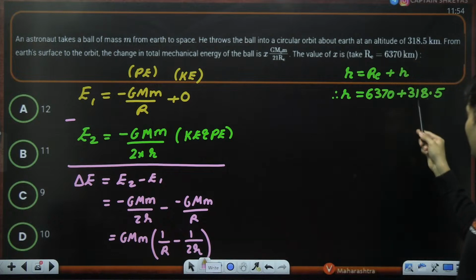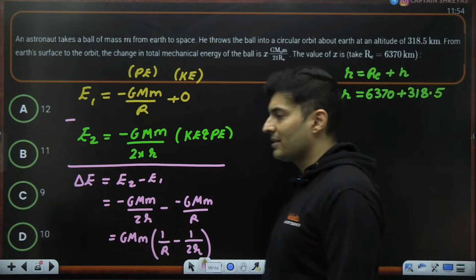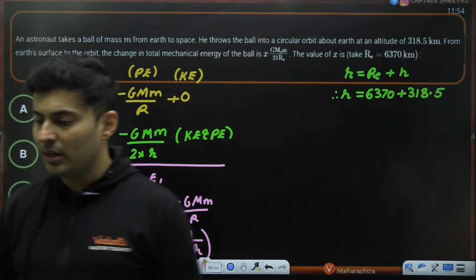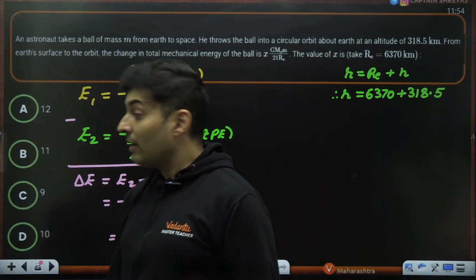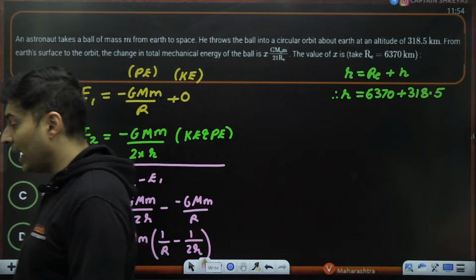So guys, think: 318, is it a multiple of 6370 in some way? Just think about it, my dear students. Can we take it as a multiple so that everything will be in terms of the radius of the Earth? I think we can do that.